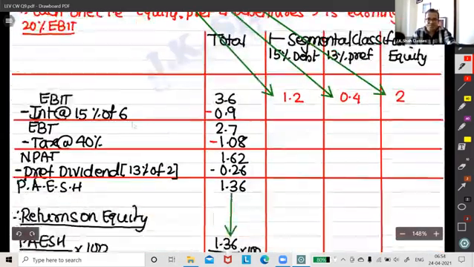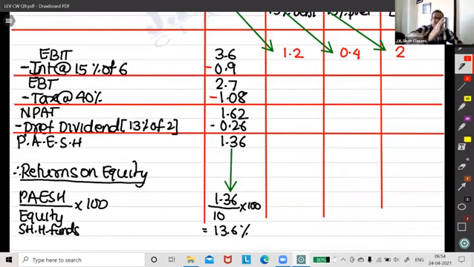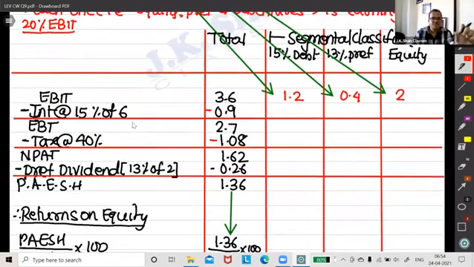Right, friends? Okay. Now see, it's like a departmental thing now. This total debenture interest is 0.9. I have to charge it to someone, right? Which is a better choice? First column, second column, third column. In the first column, you borrowed from debentures and earned 1.2 from their money.